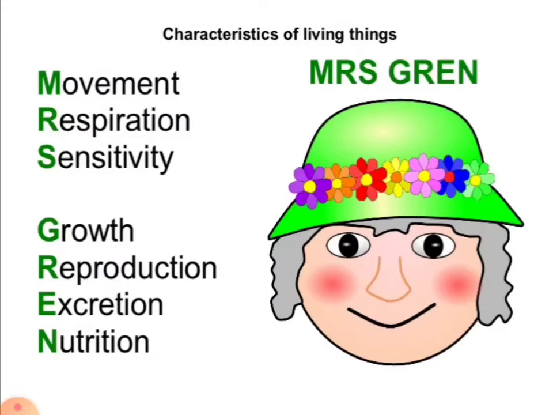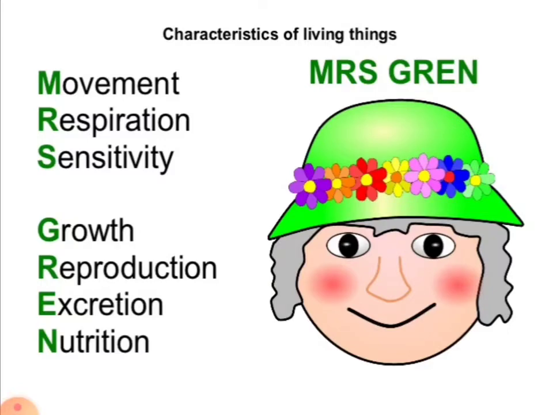As you know, all living organisms show movement from one place to another. Plants cannot move from one place to another, but they show movement in their growth and development, and the molecules keep moving inside the body, inside the cell, in various chemical reactions.